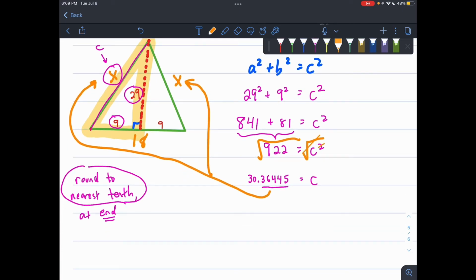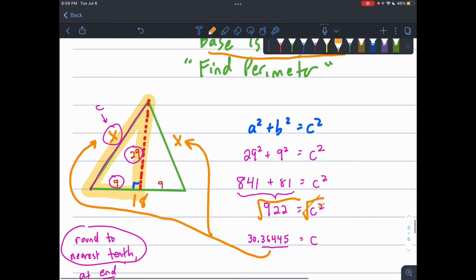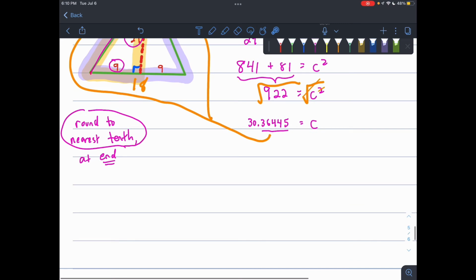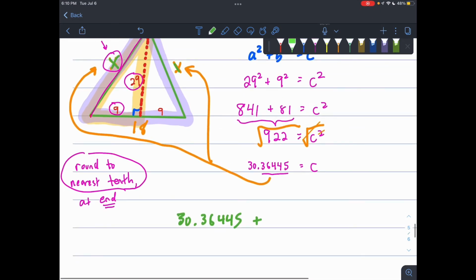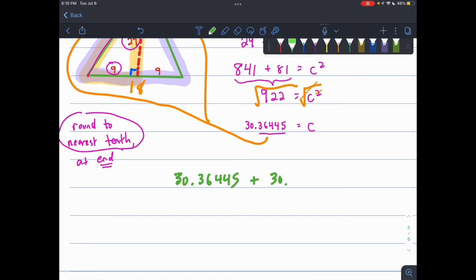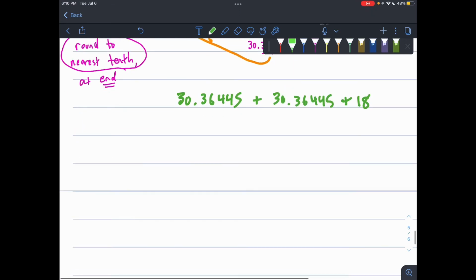If we're doing the perimeter, like I said before, the perimeter is the entire distance around. If we know what x is, we add that to the other x, and we add that to 18, and that gives us our entire perimeter. So if one side is 30.36445, and the other x is also 30.36445, then we're also going to add 18 to that.